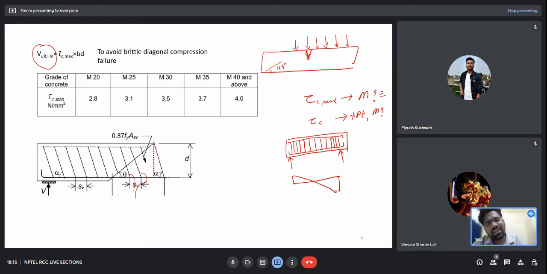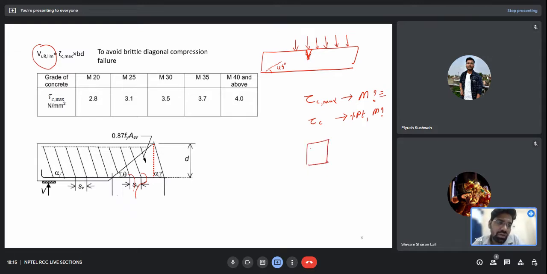It's fine if you provide this small spacing throughout, but to be on the economical side of construction, we tend to provide less spacing at the supports and more spacing at the middle. To provide stirrups, we should know at what spacing we should provide them. So you all know the classification of stirrups now: vertical, inclined, and with bent up bars.